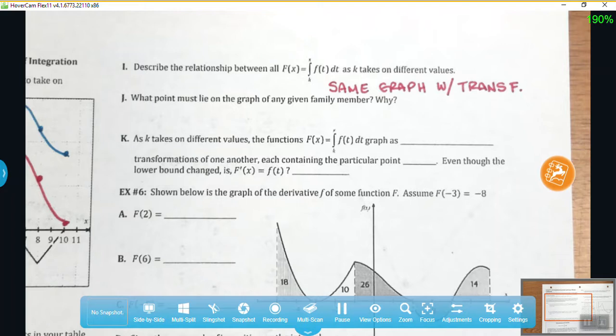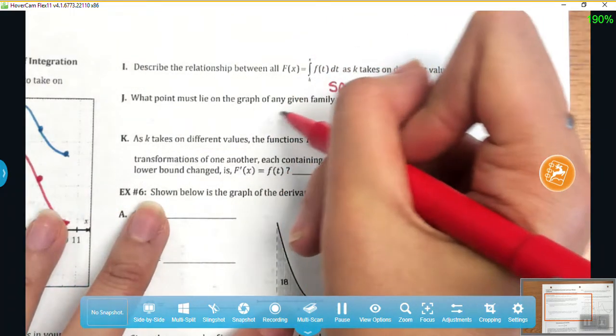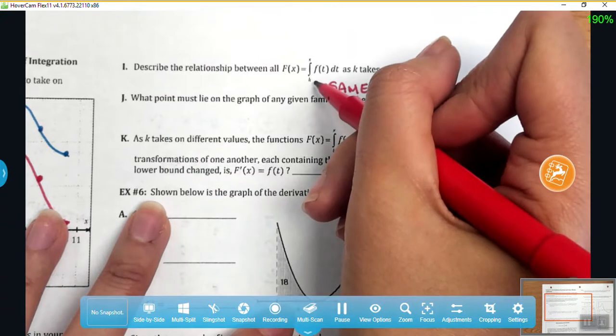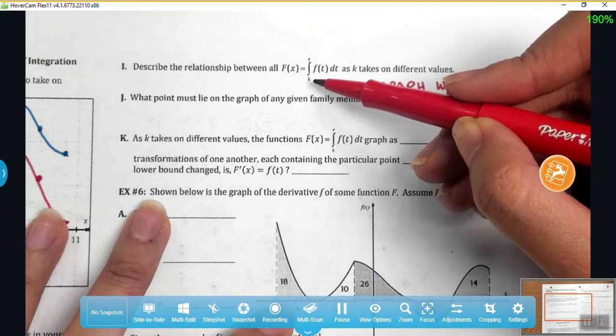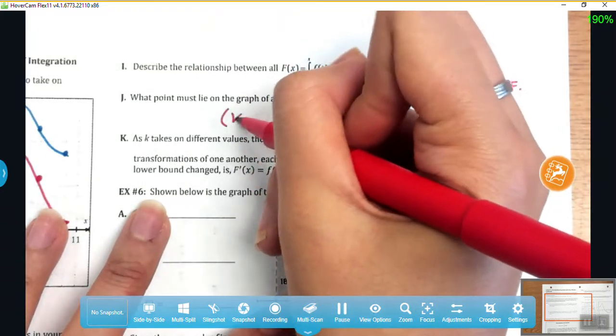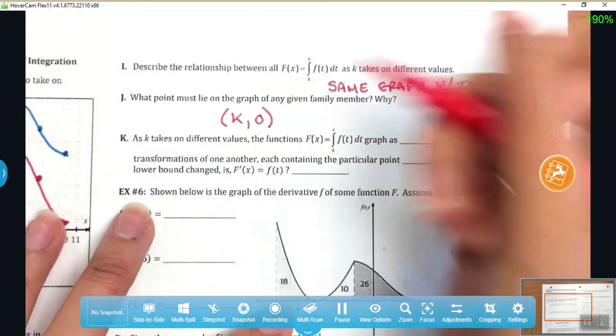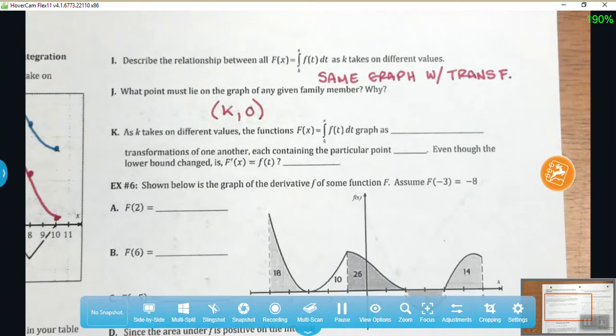So what point must lie on the graph of any given family member? Because we're assuming that we're starting with k. Yes. k, 0 is your starting point. Right?